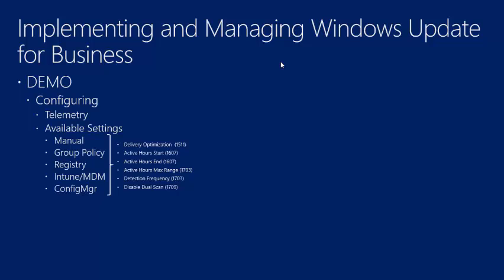There's a couple of different ways to set telemetry. I'll show you one of them, right? And I'll talk about the others. And then we'll talk about the available settings, how you would go about setting various settings and different ways to do that. These 5 ways: manual, group policy, registry, Intune, and ConfigMgr.